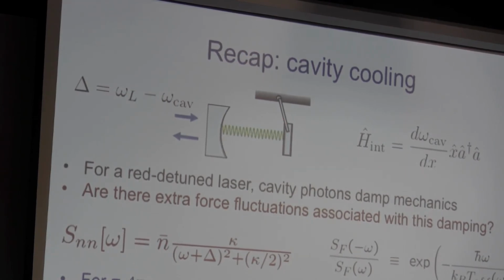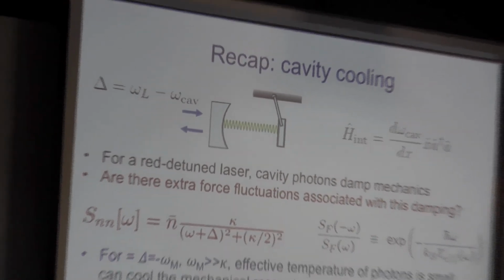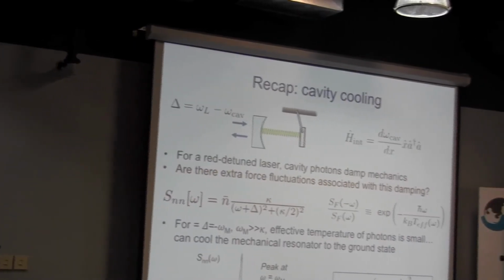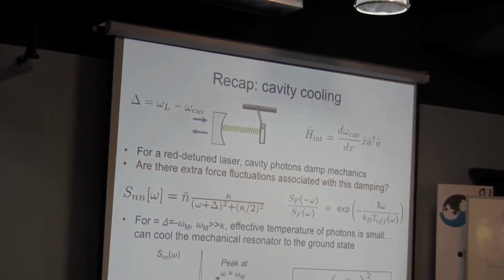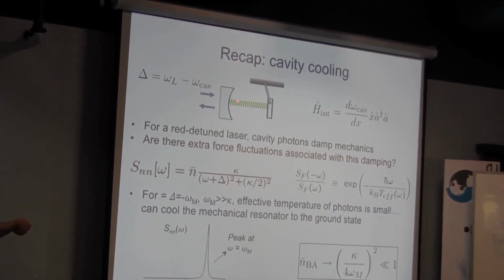And the approach to answering that question, how hot are the photons in this driven cavity as seen by the mirror, was this quantum noise approach. The idea is we want to understand the quantum noise spectral density of the force that's being exerted on this moving mirror. And that force in this Hamiltonian is just the photon number in the cavity.